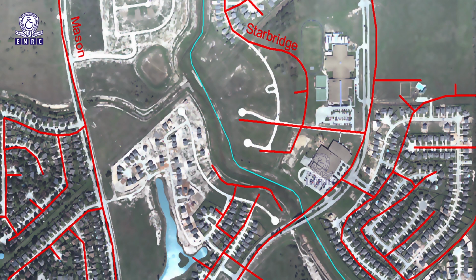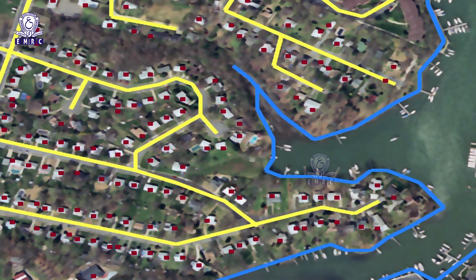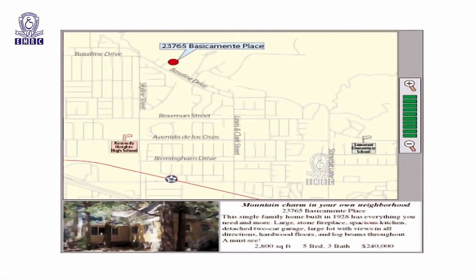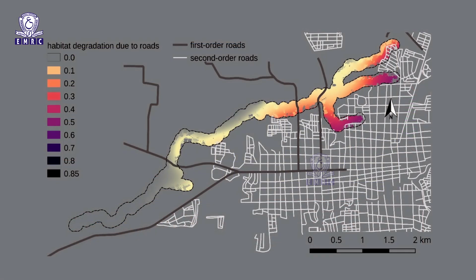The TIGER/Line files contain legal and statistical area boundaries such as counties, census tracts and block groups, as well as streets, roads, streams and water bodies. More importantly, the TIGER/Line attributes also include, for each street segment, the street name, the beginning and end address numbers on each side, and the zip code on each side.